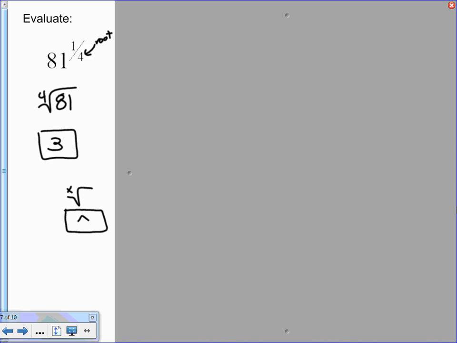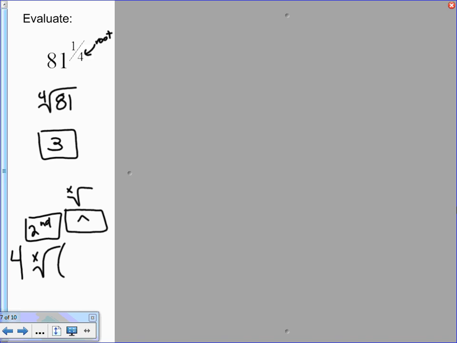If you want to do the 4th root of 81, then in your calculator, type 4, then hit second or shift and your exponent button to get the special root. So then it looks like this in your calculator.